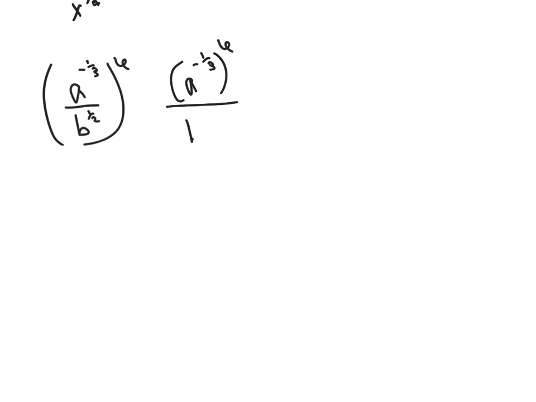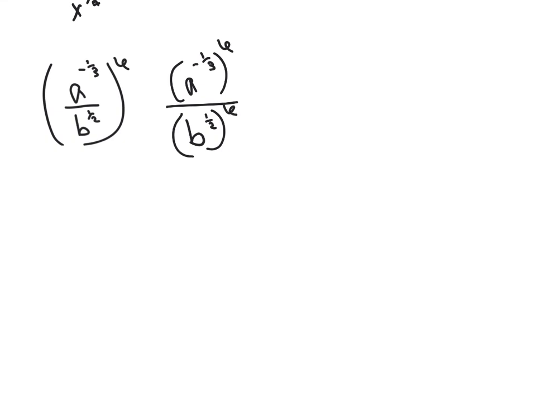a to the negative 1/3 over b, put those in parentheses, to the 6th power. Okay. Nothing real scary there yet. This means a to the negative 1/3 to the 6th power over b to the 6th power.